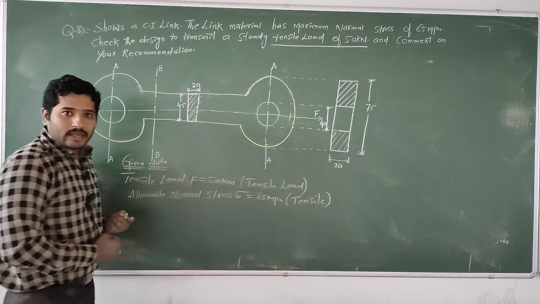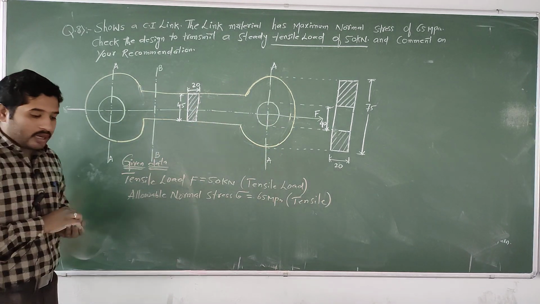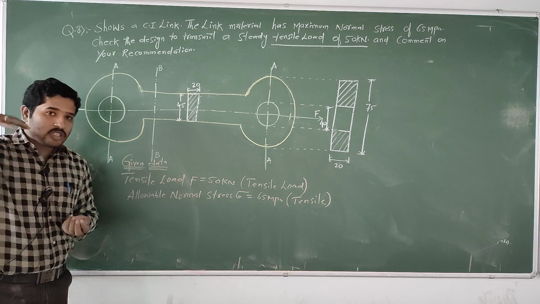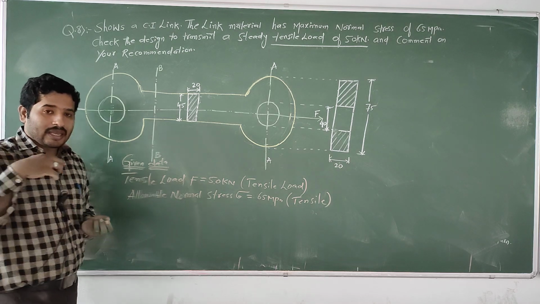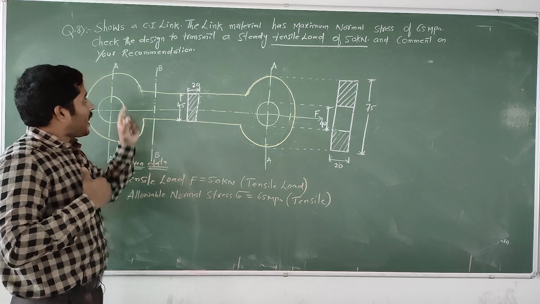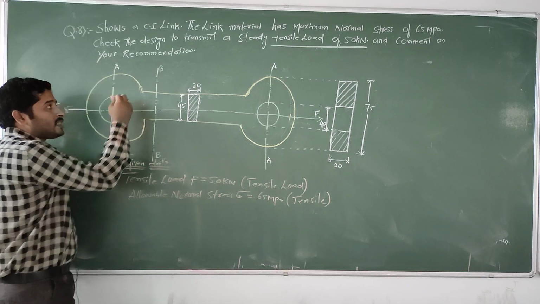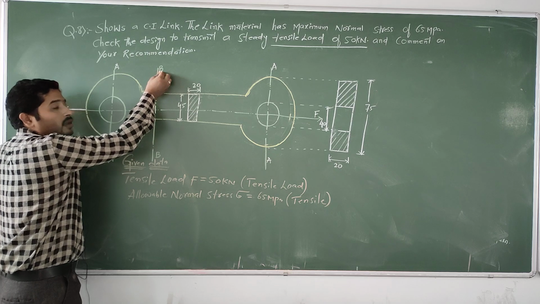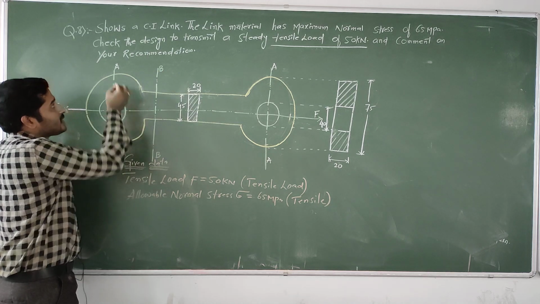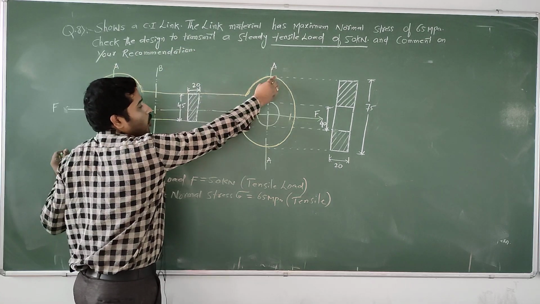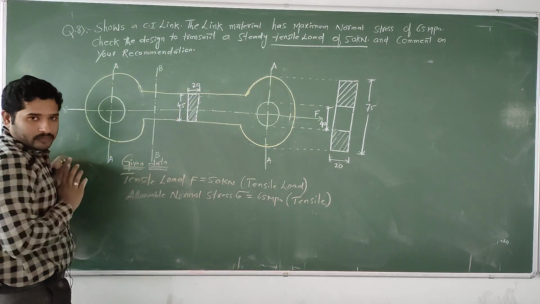Is it right? Then, actually, we need to find out the stress induced in the bar at the section B as well as section A. Let us see, consider the section B and consider the section A because both are equal. Is it right?